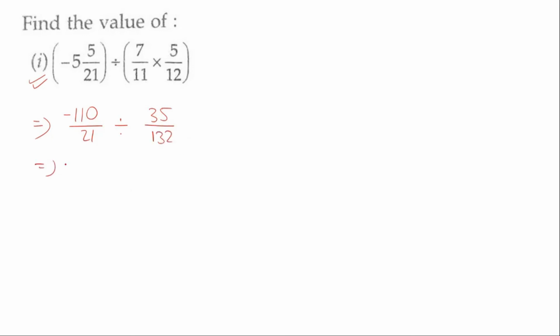Now change the division symbol. 110 by 21 into 132 by 35. When you solve it, you will get the answer minus 19 whole 37 by 49.